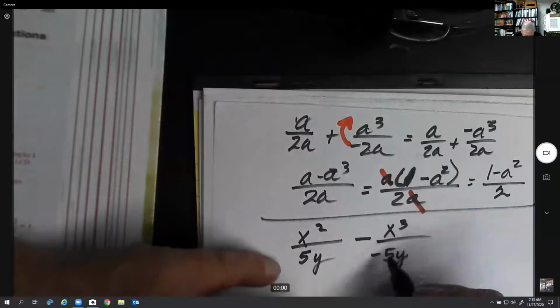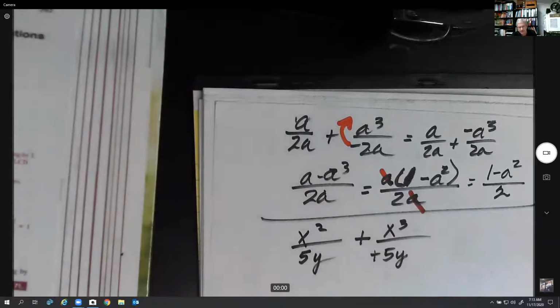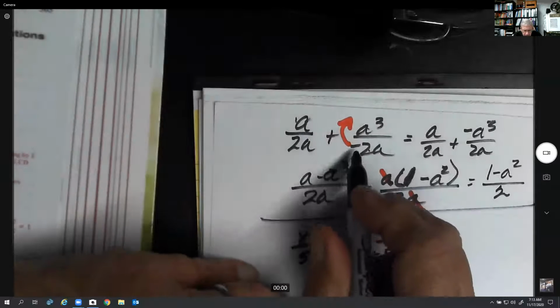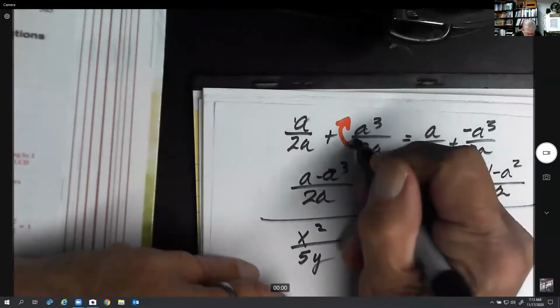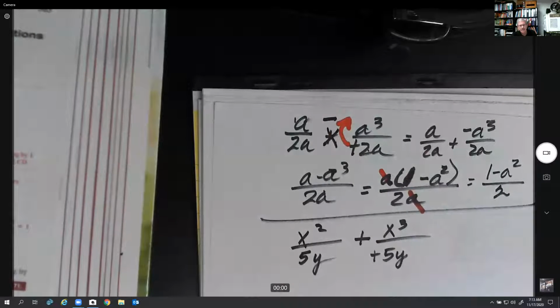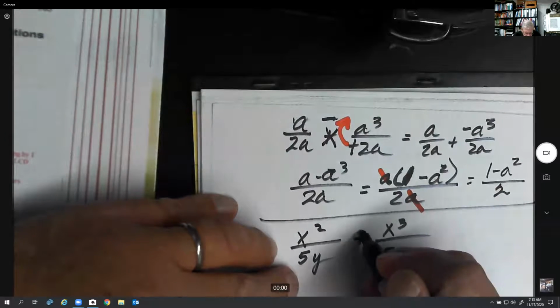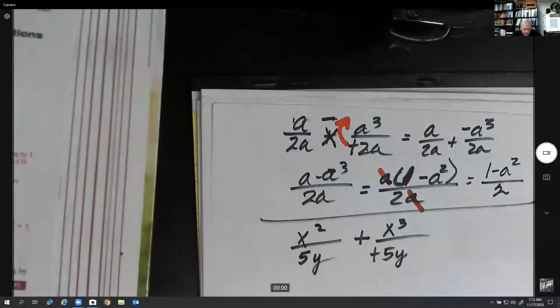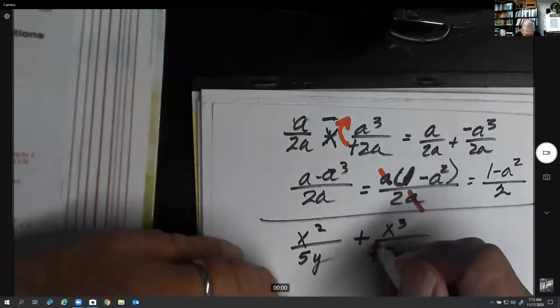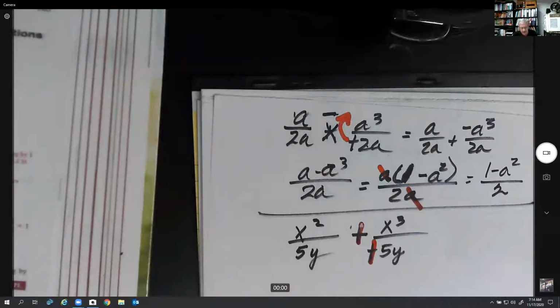Sometimes when I do a problem like this, I'm going to change this to plus, and then I'm going to change this sign to plus. You have to do 2 changes. I could have done the same thing here. I could have changed this to plus and then changed this sign to a minus. You see? Change, change, change, change. So I changed this from a negative and I changed this subtraction to addition.